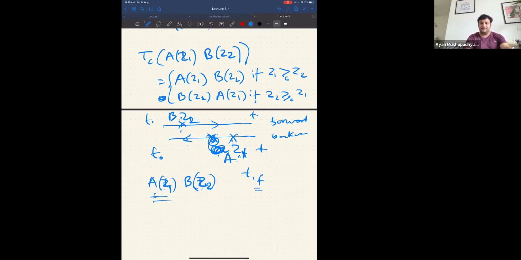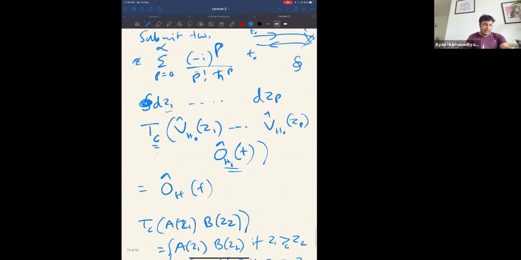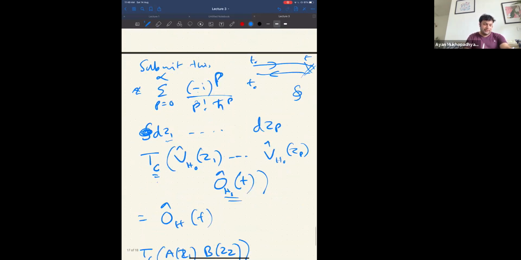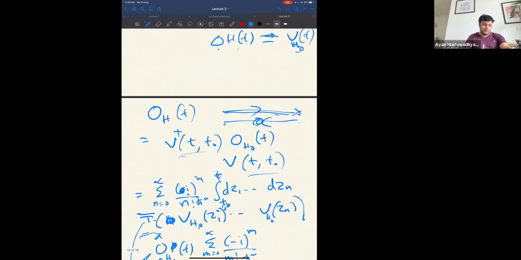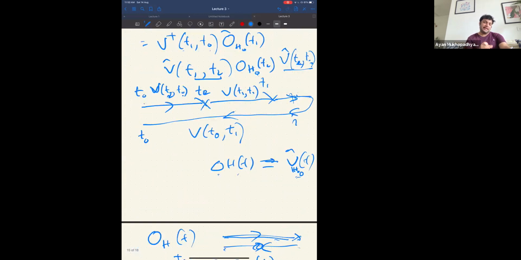Okay, I hope this is clear. Now, in the diagram that I drew earlier, you see that I have put both of these operators in the forward contour.